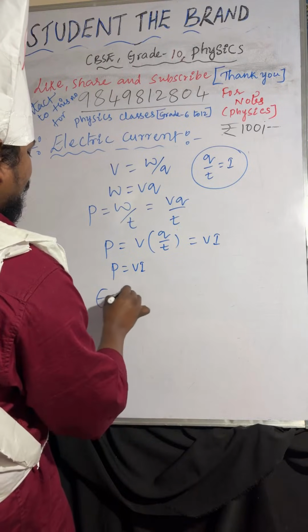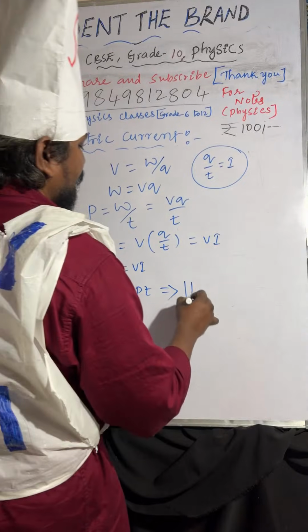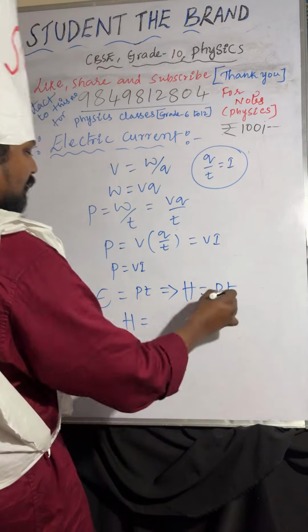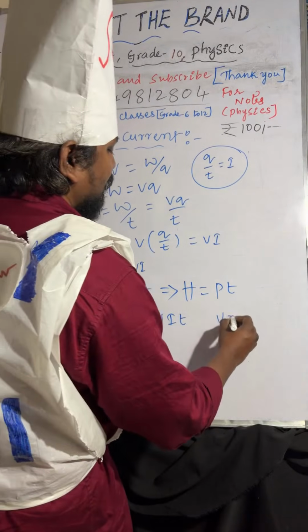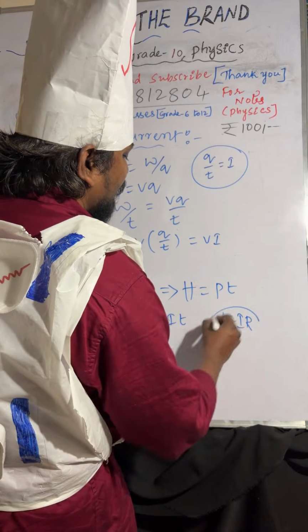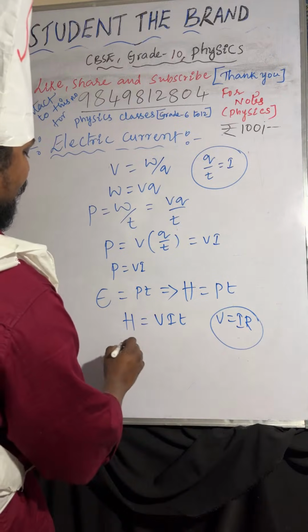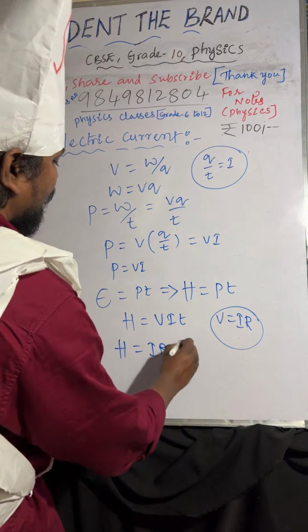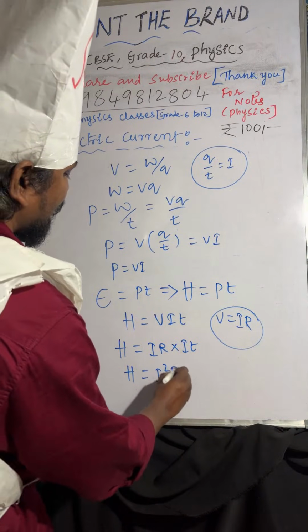So energy equal to power into time. So the heat produced in the conductor is equal to P into T. So H equal to what is P? VI into T. We know that V equal to IR. So then we can take H equal to IR into I into T. Then we will get H equal to I square RT.